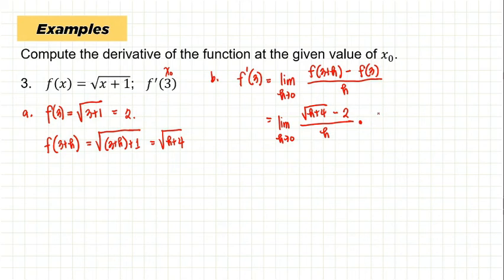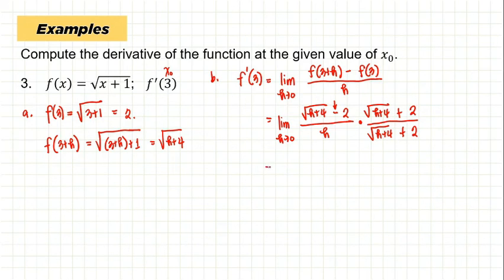So, we will rationalize this one. We will multiply the numerator and denominator by square root of h plus 4 plus 2. So, we will just change the operation here. Whatever you multiplied to the numerator, we will multiply it also to the denominator. So we have this one.